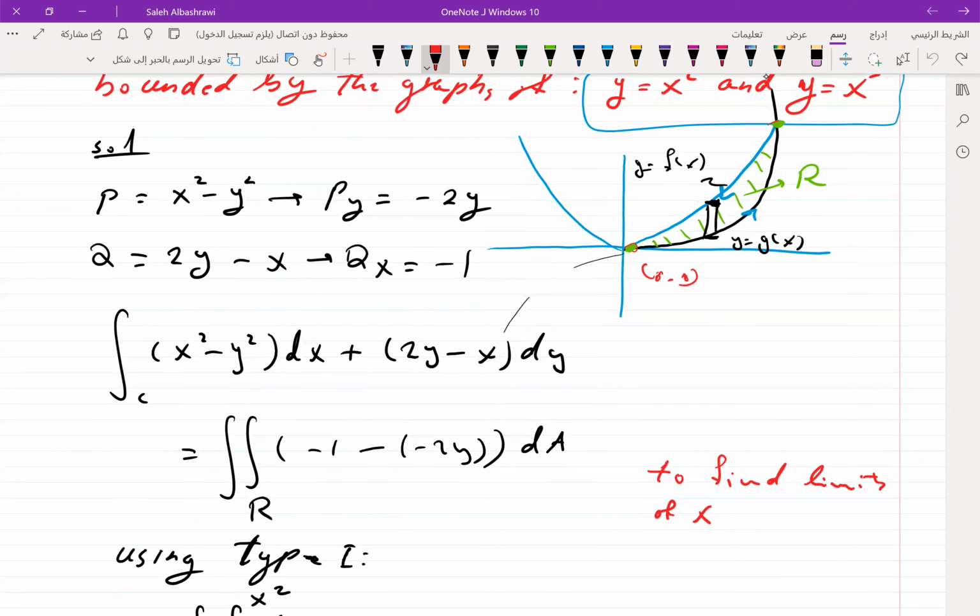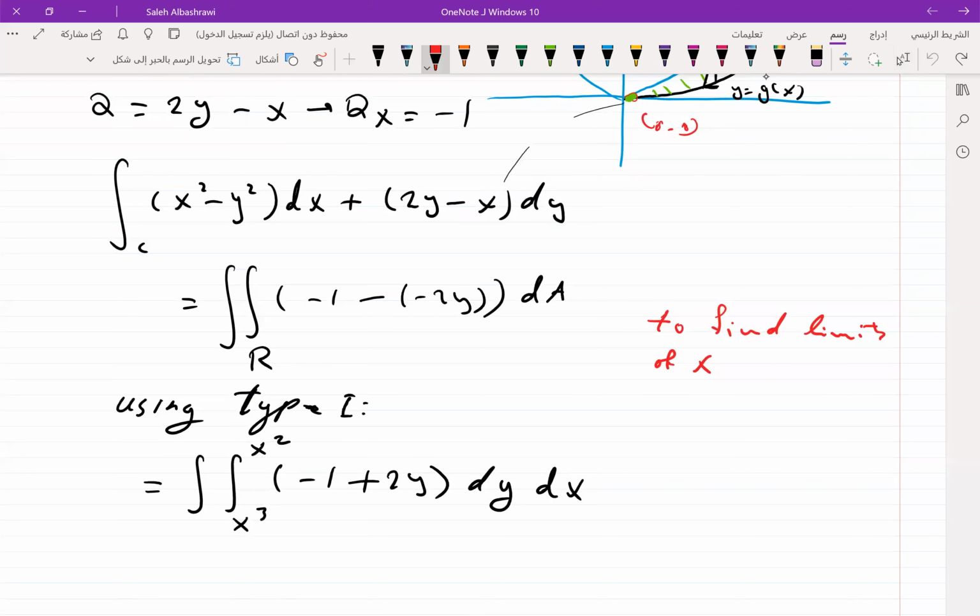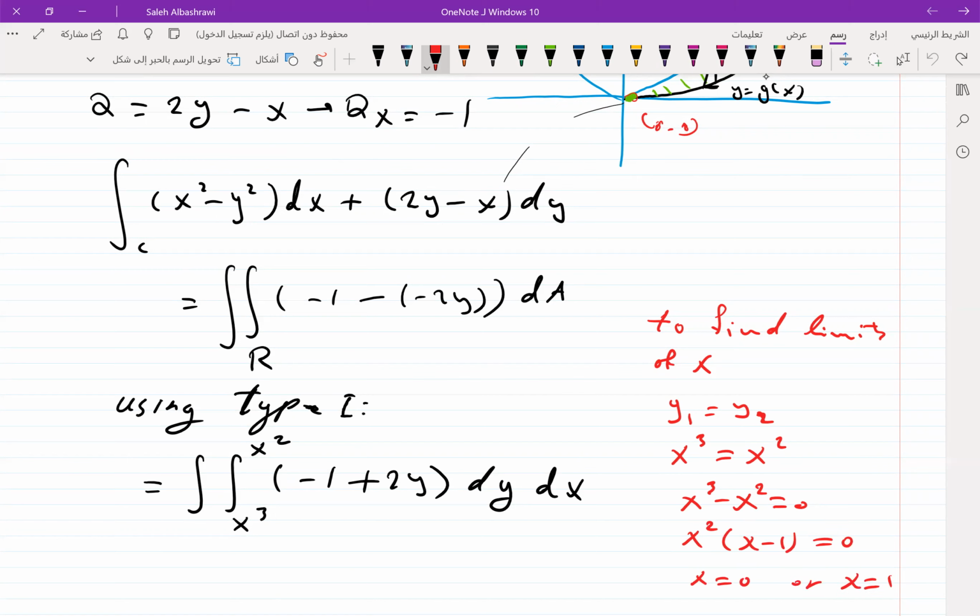The upper point is the intersection point, so I have to make y1 equal to y2 and solve it. So x to the power 3 equals x to the power 2, or x to the power 3 minus x to the power 2 equals 0. Take x squared as a common factor, I will have x minus 1 equal to 0. So x will be 0 or x equal to 1. So the limits for x are 0 and 1. Now integrate.